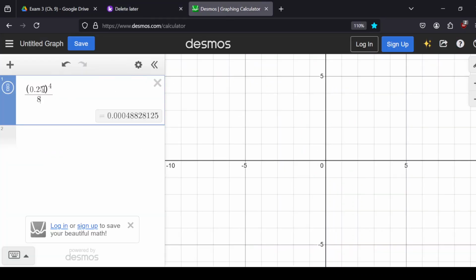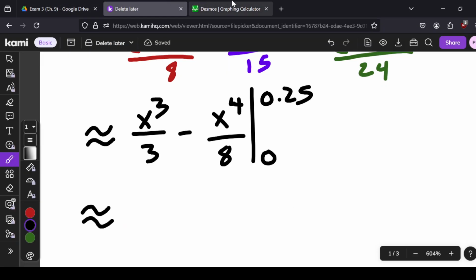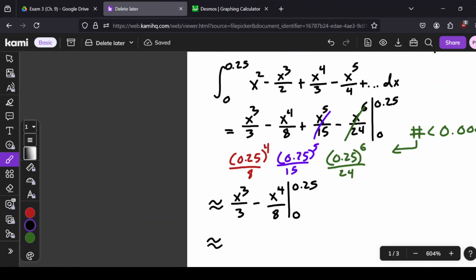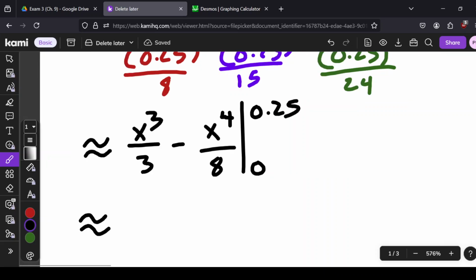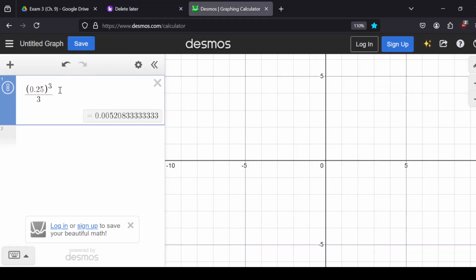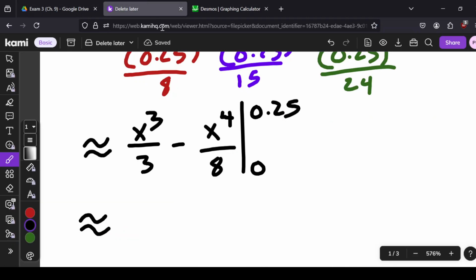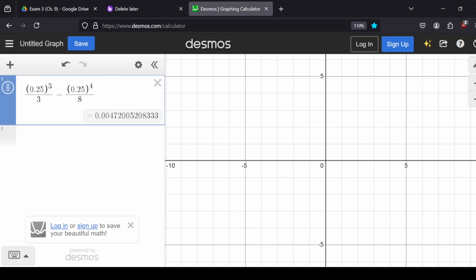Just make this easy on ourselves. 0.25 cubed over 3. Is that correct? Did I integrate that correctly? I did. Minus 0.25 to the 4th over 8. All right, 0.0047.